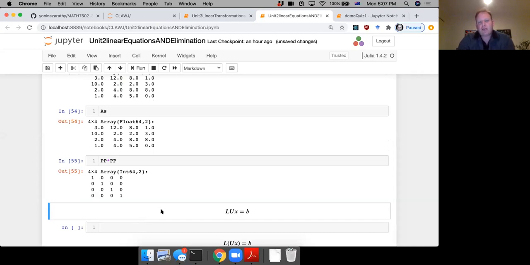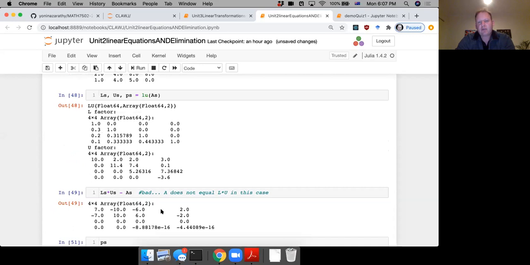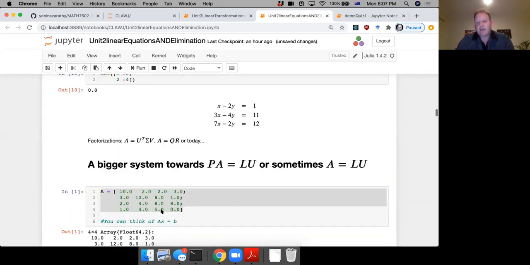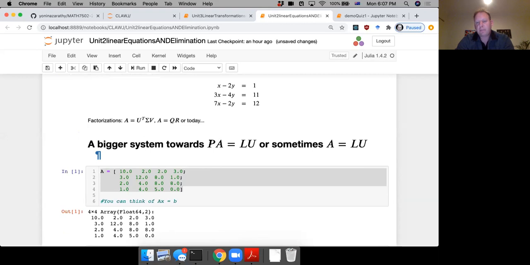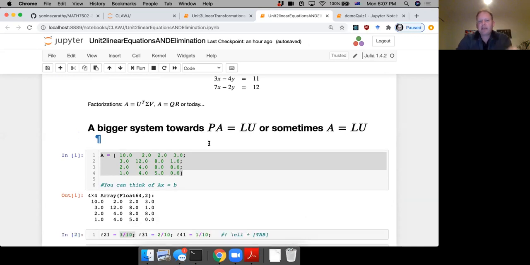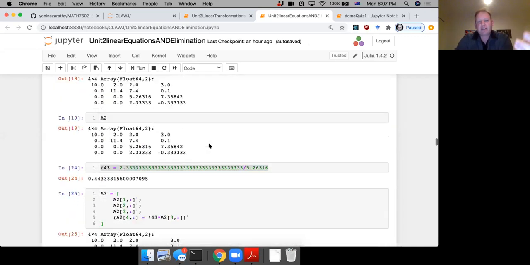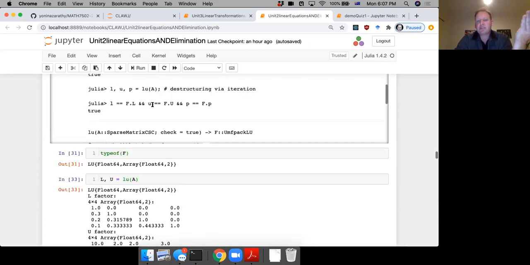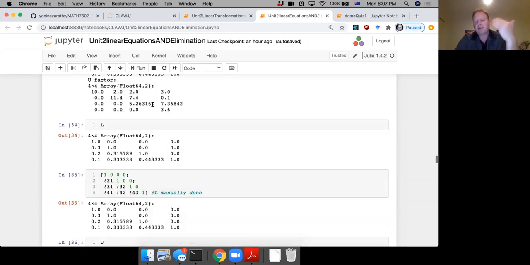So, to get now to the heading of this section, which wasn't A equals LU, it was PA equals LU. Sometimes it's not going to be exactly A, it's going to be a permuted A. That matrix P is a permutation matrix matching the specific permutation we had there. The LU decomposition algorithm will find you these permutations.